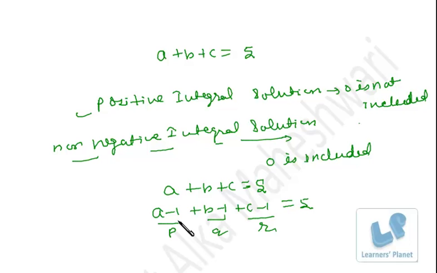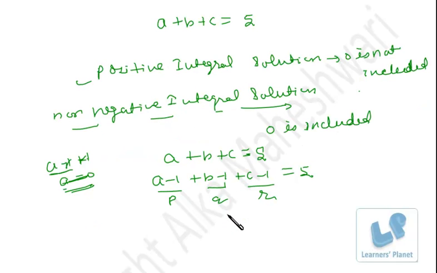So if they are getting at least 1, then if I add 1 to a minus 1, a will be equal to 0, right? If I am having a minus 1 and I give 1 to a, what will a be getting? 0, right? And we will be getting our non-negative integral solutions. So precisely what I'm doing is deducting 1 from each. So if I give them 1, ultimately they will be having 0, right?